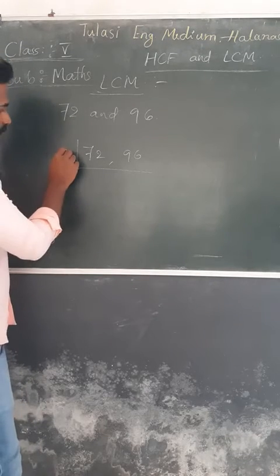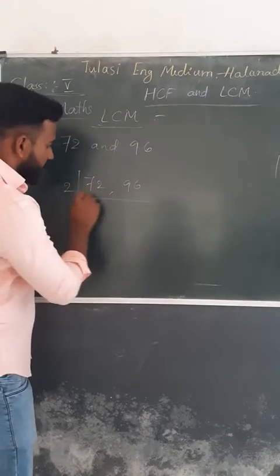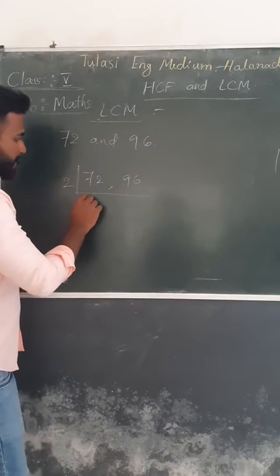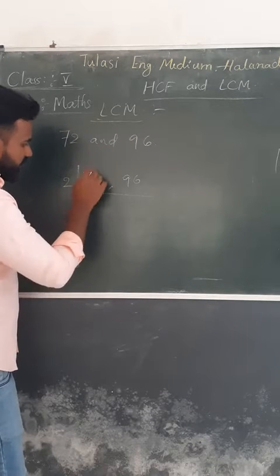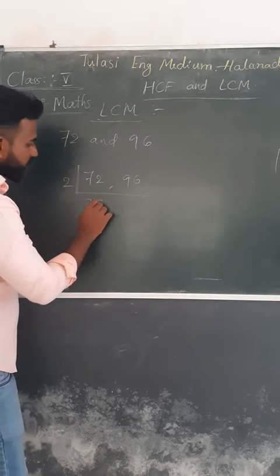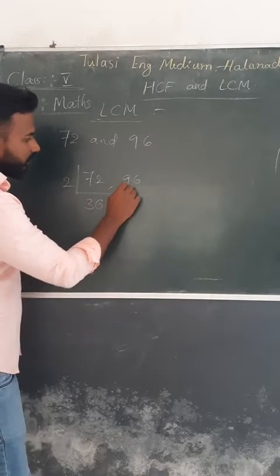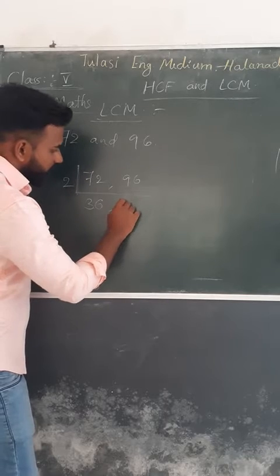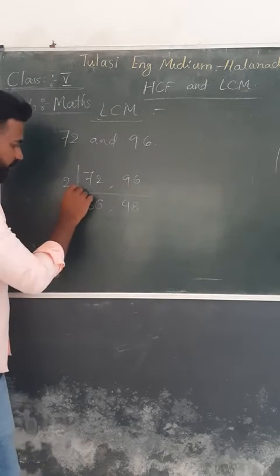Start dividing by 2. 2 3s are 6, 1 remains, 2 6s are 12, 36. And 96: 2 4s are 8, 2 8s are 16.